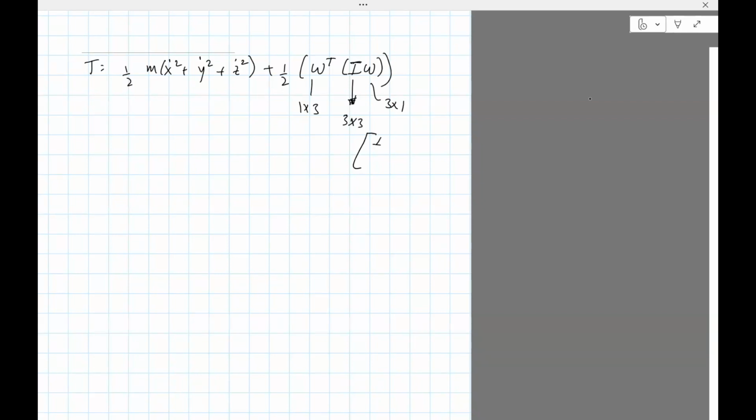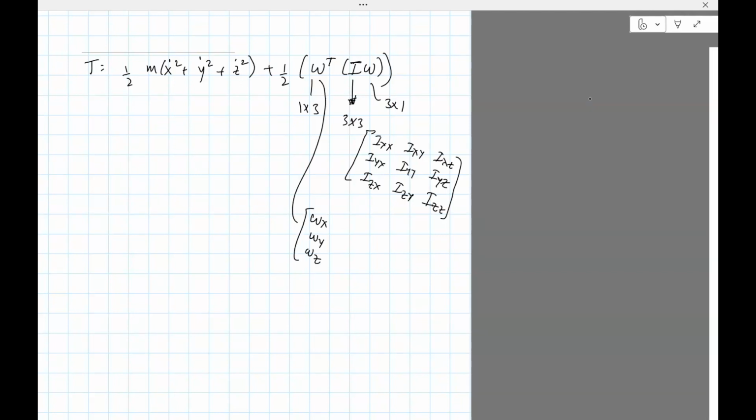It's going to have Ixx, Ixy, Ixz, Iyx, Iyy, Iyz, Izx, Izy, Izz. And this angular velocity is in the world frame, omega x, omega y, omega z.